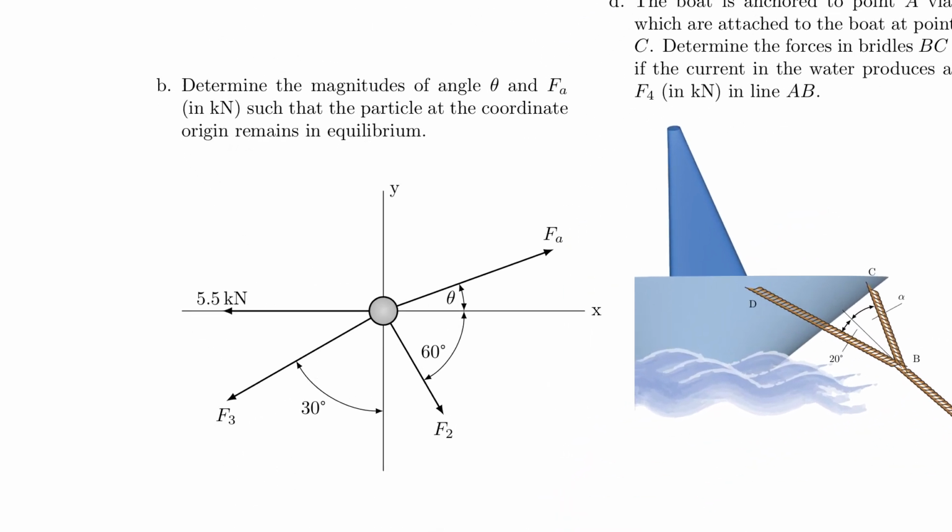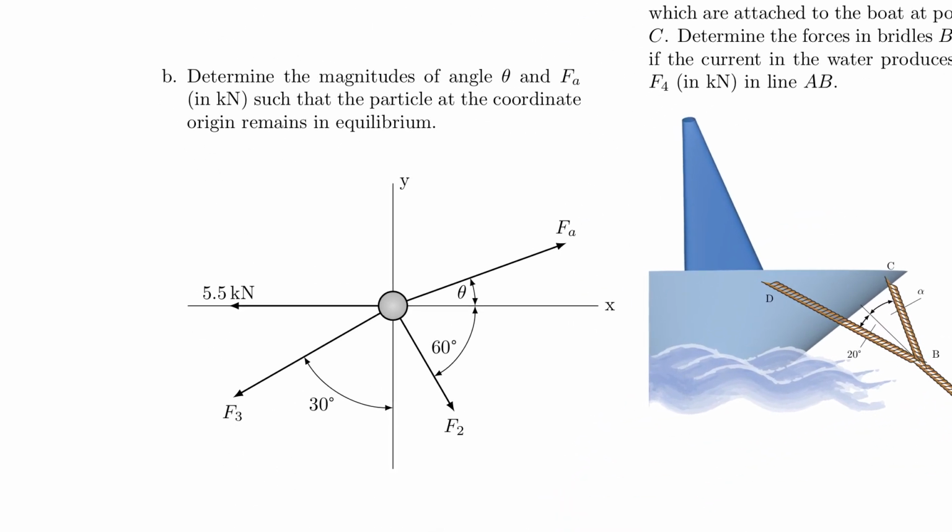So problem B here is also a particle problem where this particle at the origin has to remain in equilibrium, and you have to substitute your values here and find FA and angle theta such that the system remains in equilibrium.